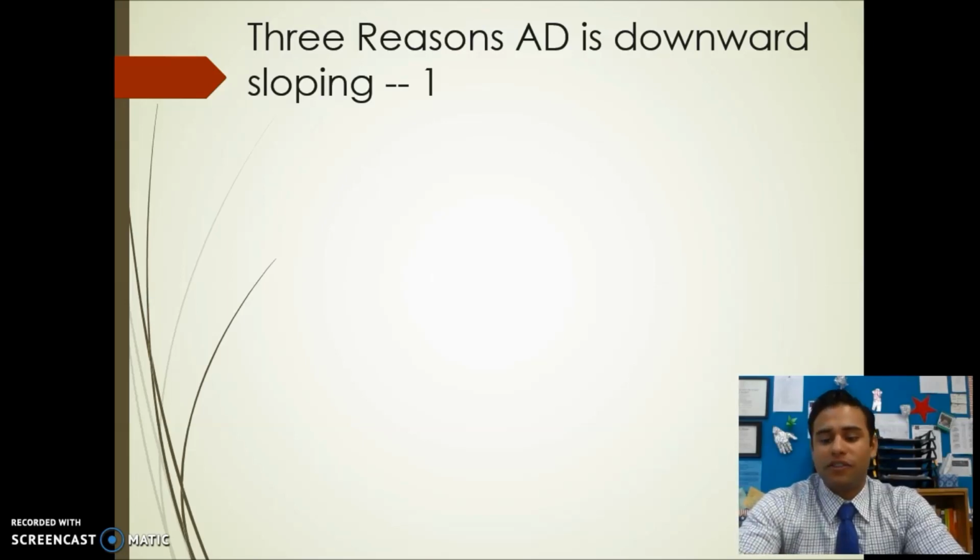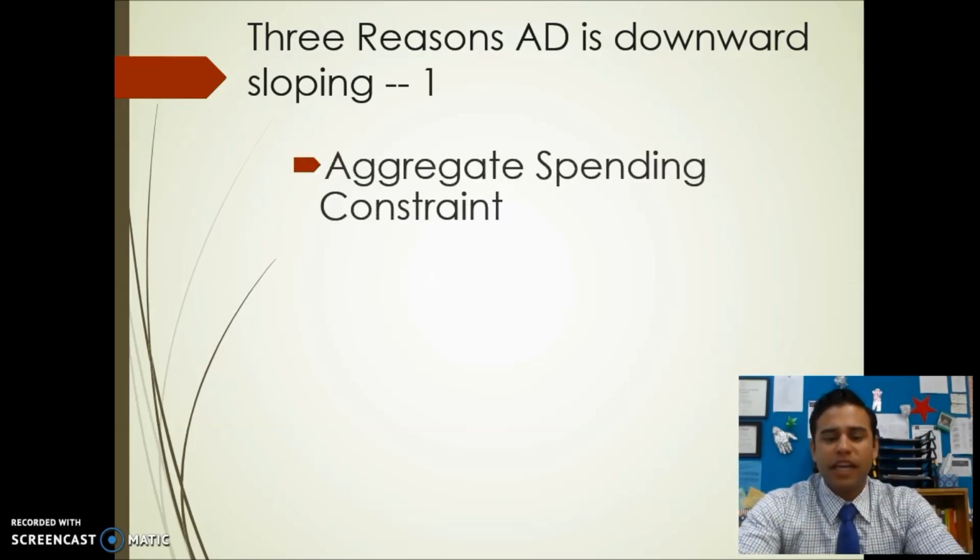So really these first 2 slides are describing the same thing in different terms. And the thing that we're describing, and the primary reason why aggregate demand slopes downward, is known as the aggregate spending constraint. Okay? And simply put, what that means is that the higher price level is, the less stuff money will buy.